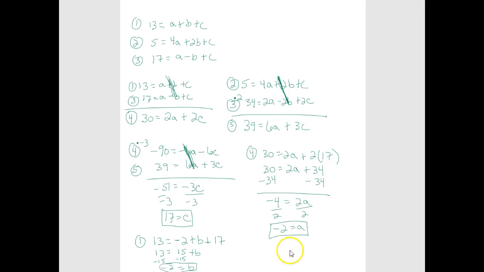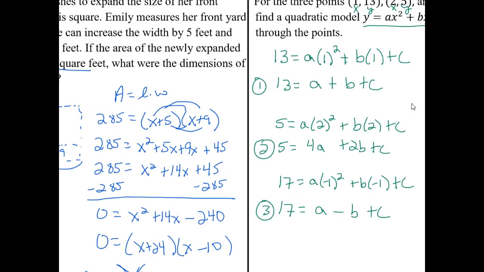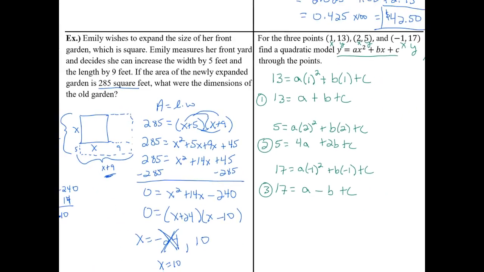Alright, so we have a was negative 2, b was negative 2, and c was 17. But remember, our original problem here said we wanted to find a quadratic model that goes through those points. So we now need to plug a, b, and c back into our equation. Sorry about that.